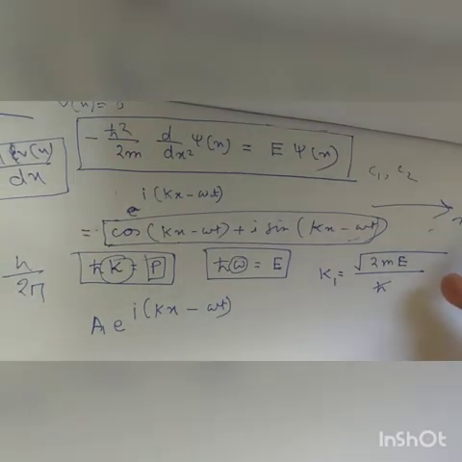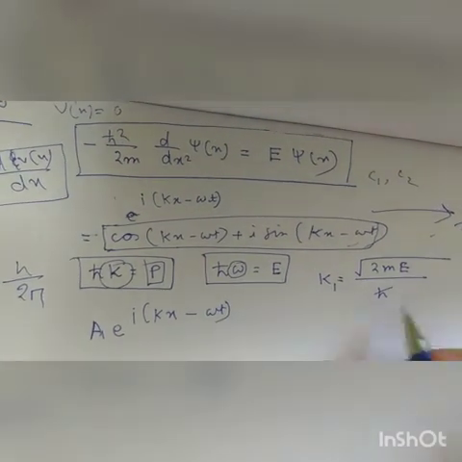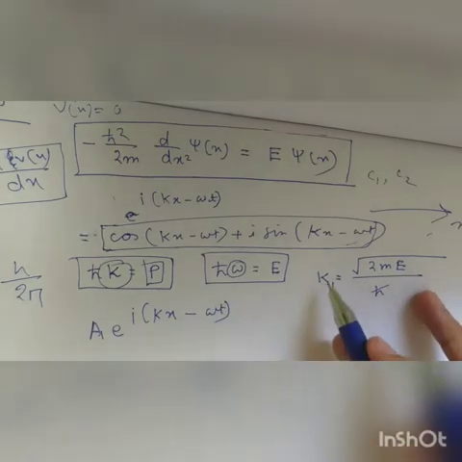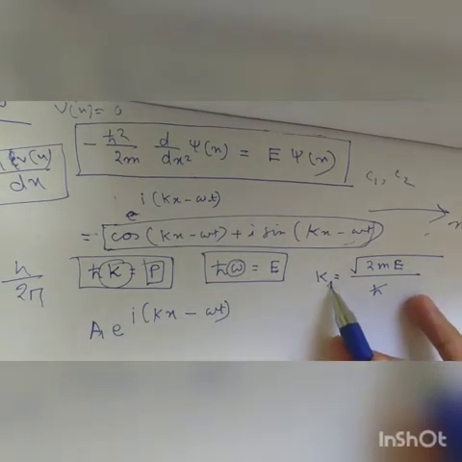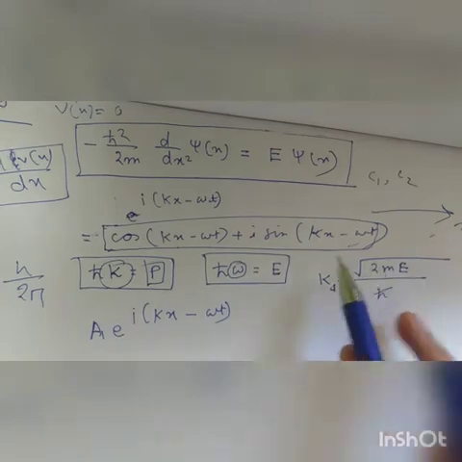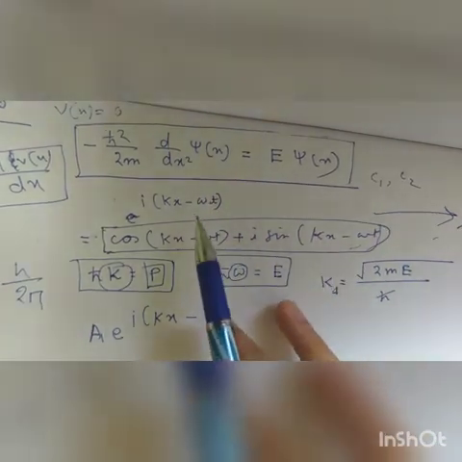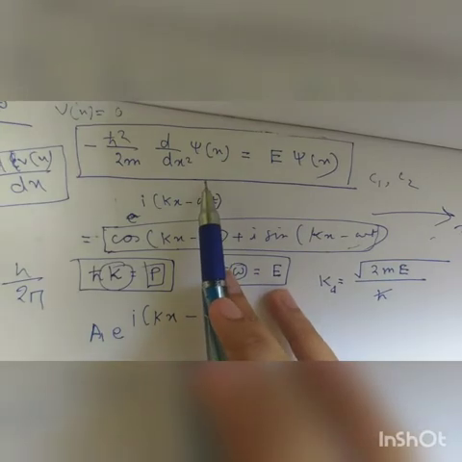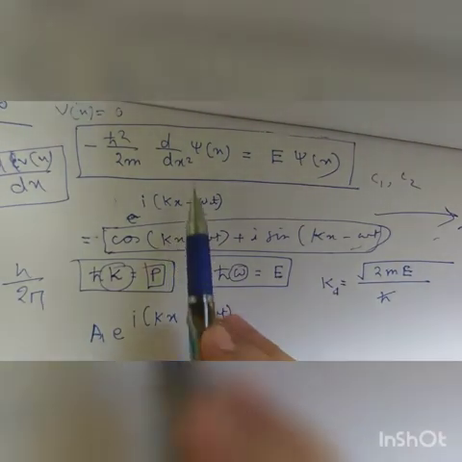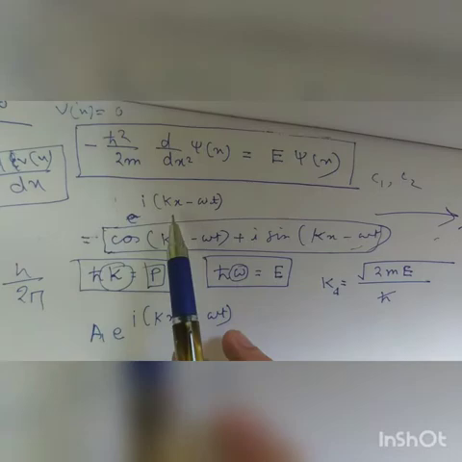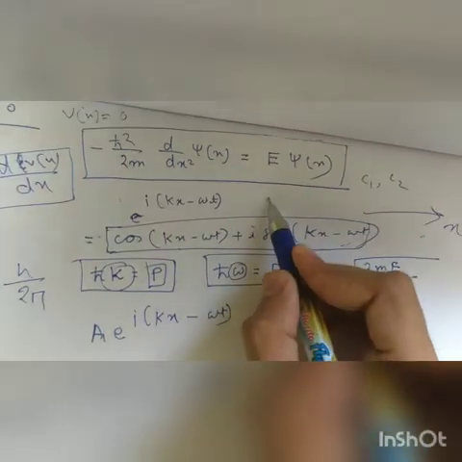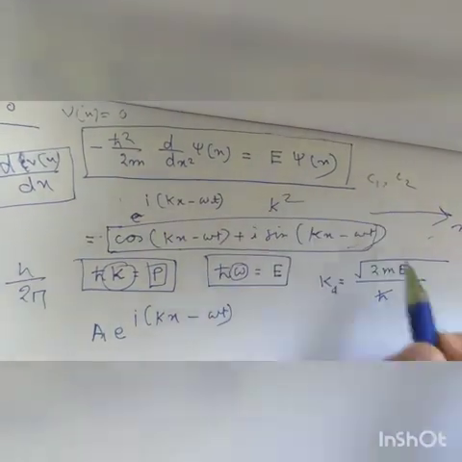But you can see that k1 is in a root over term, so if we substitute it in here, k will be in a square term. You can do it yourself: you differentiate it twice, so there will be a k square term.